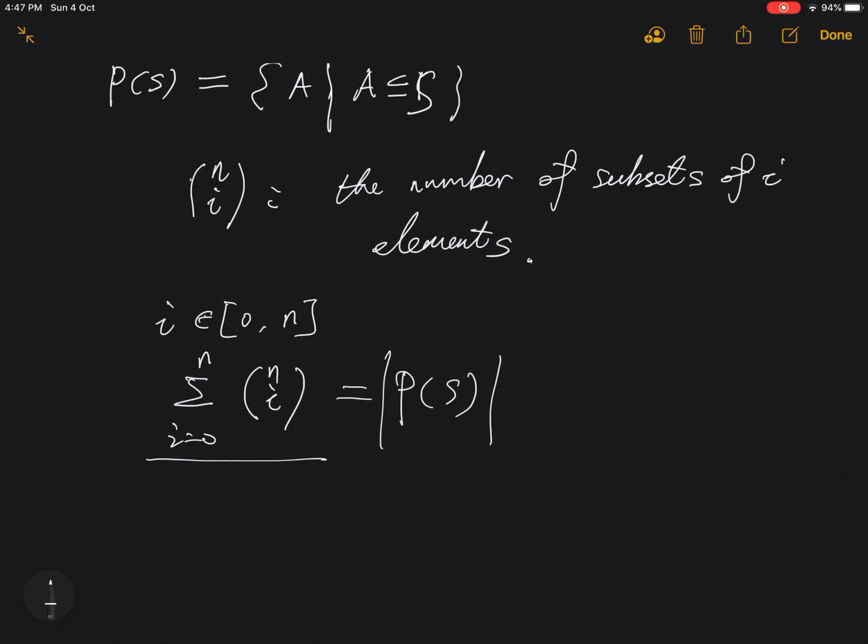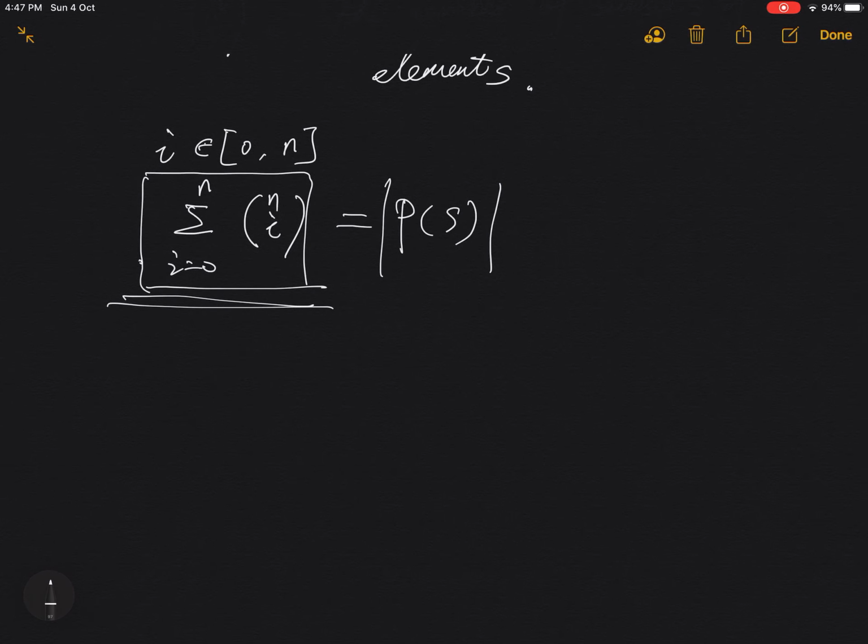So the problem will be reduced to the sum. So how to calculate the sum? We start from the binomial theorem. This is just the expansion of (1 plus 1) to the power of n. So that's how we get 2 to the power of n to denote the cardinality of the power set of S.